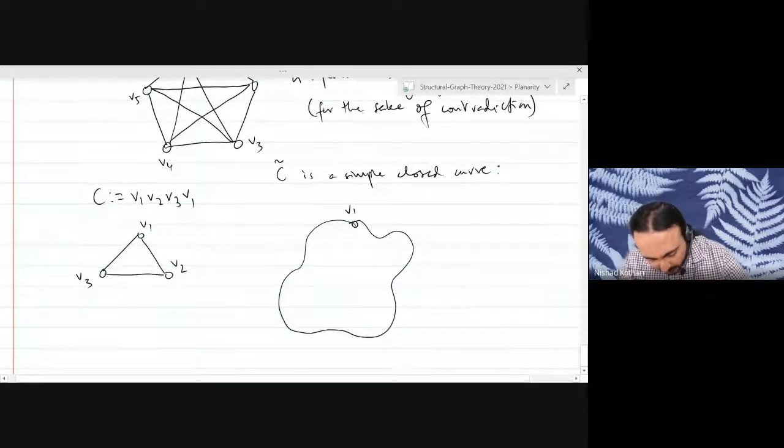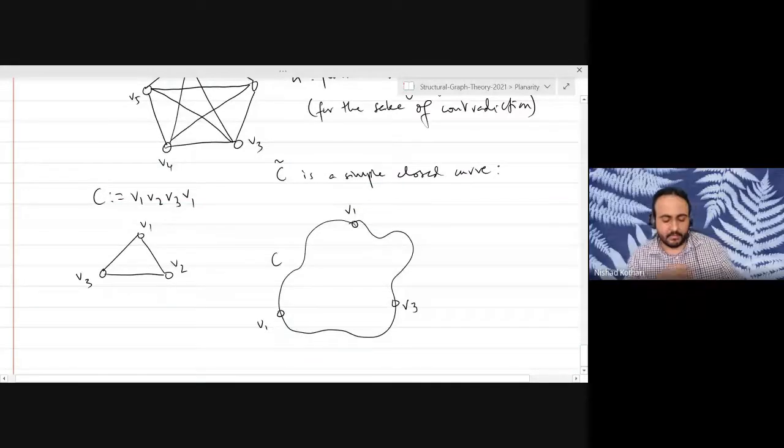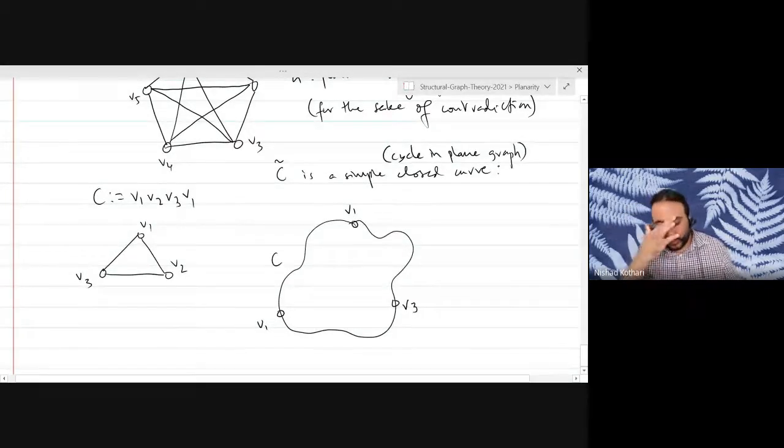There is a vertex V1, V2, and V3 here. So C tilde is the simple closed curve corresponding to cycle C, right? That's right. You can view it as a simple closed curve, or as a cycle in the plane graph. We will not distinguish too much between them, so long as we are not creating unnecessary confusion.